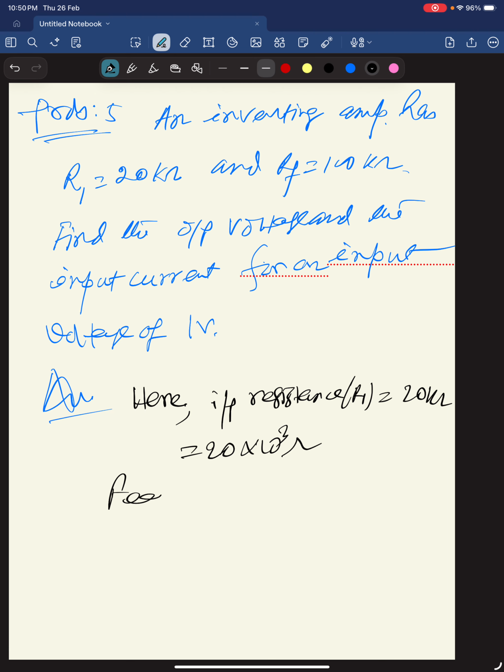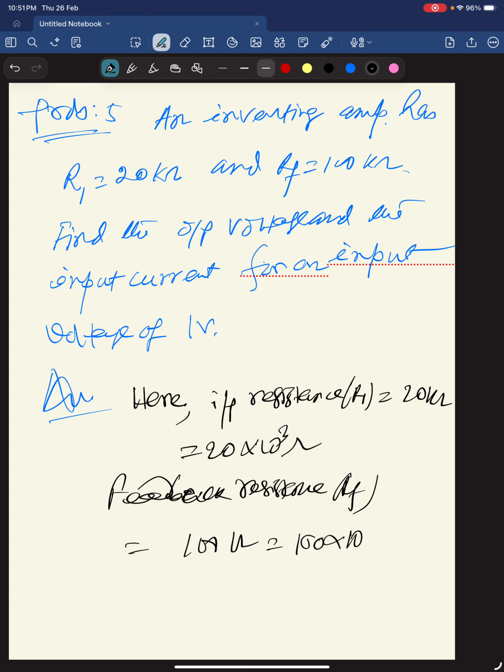Feedback resistance RF is equal to 100 kilo ohms, that is 100 into 10 to the power 3 ohms. So output voltage V0 is equal to minus RF by R1 for an inverting amplifier into Vi.